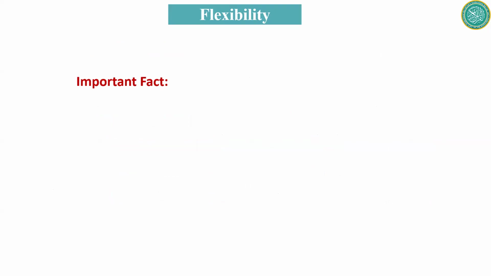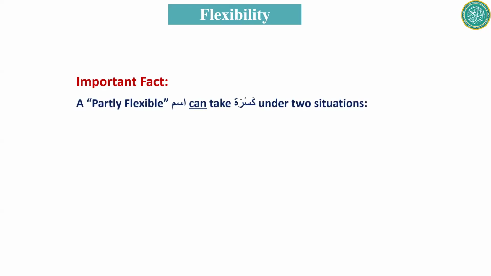And they do that in two circumstances. A partly flexible ism can take kasra under two situations. First of them is when you attach an al with a partly flexible word. Then if it has to be majroor, it has to have jar status, then it will take kasra.